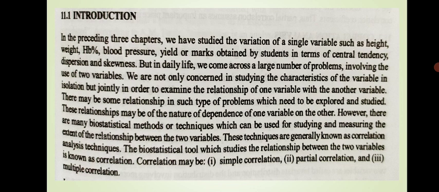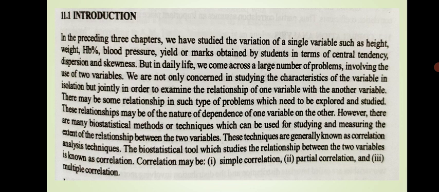There are many biostatistical methods or techniques which can be used for studying and measuring the extent of relationship between two variables. These techniques are generally known as correlation analysis, and the biostatistical tool which studies the relationship between two variables is known as correlation.